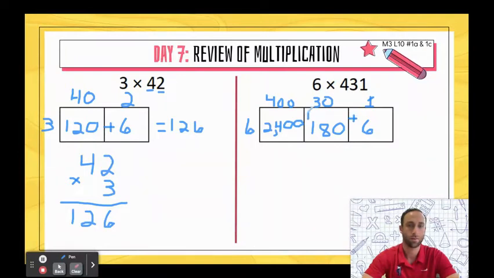add up all 3 of my numbers inside the house. Now you could take this and you could add them up like so. Whenever I'm dealing with 3 numbers that I'm adding based on multiplying using the area model, it is a little safer to set it up vertically.